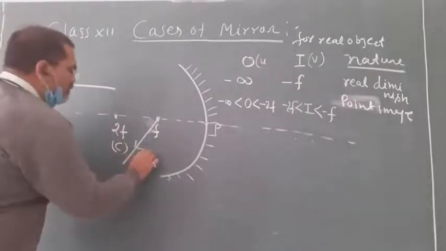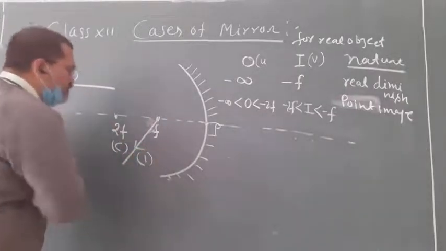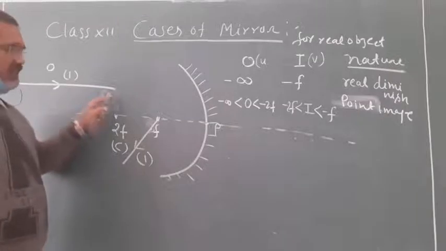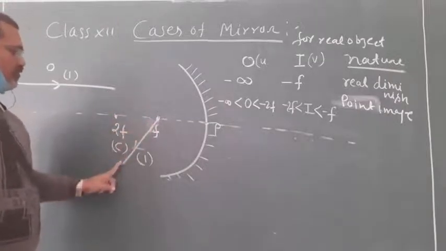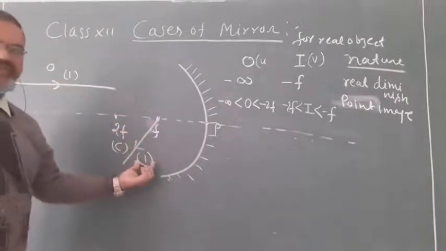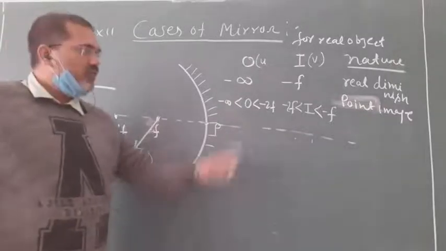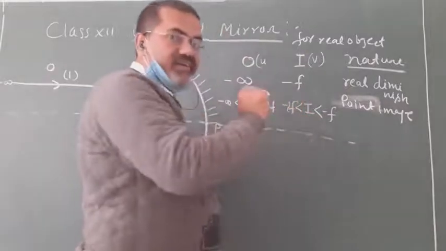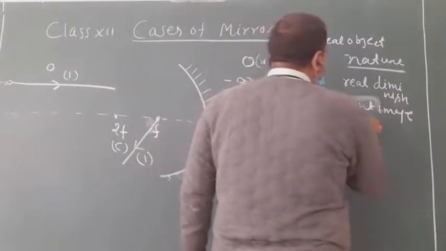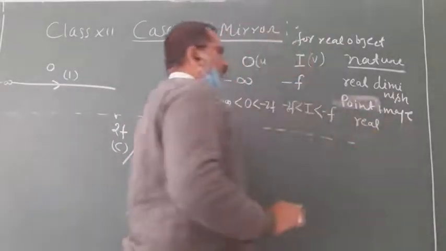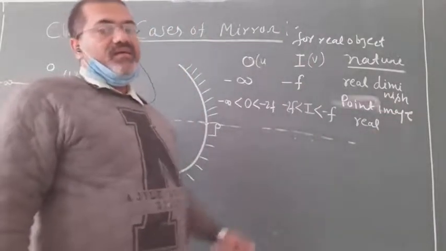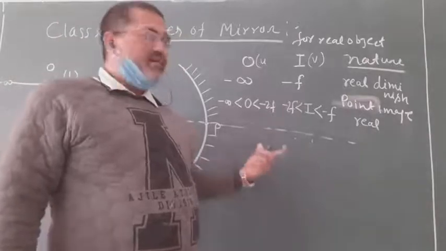So this is the first image. If object is going minus infinity to 2f, then image will go focus to 2f. V is negative here, so real. As we have discussed earlier, if U and V are negative, then object and image are real.